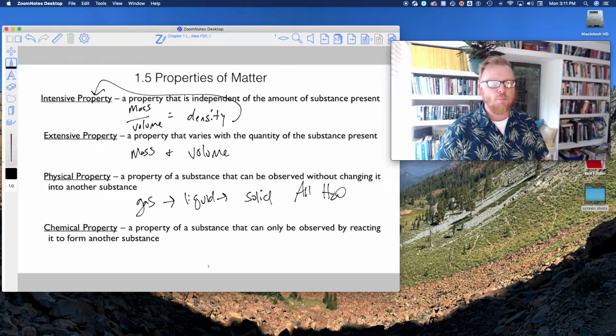But what about a chemical property? A chemical property of a substance can only be observed by reacting it to form another substance. For example, I showed you in that example, two H2 plus one O2 makes two H2O. These reactants will have different chemical properties than the product.